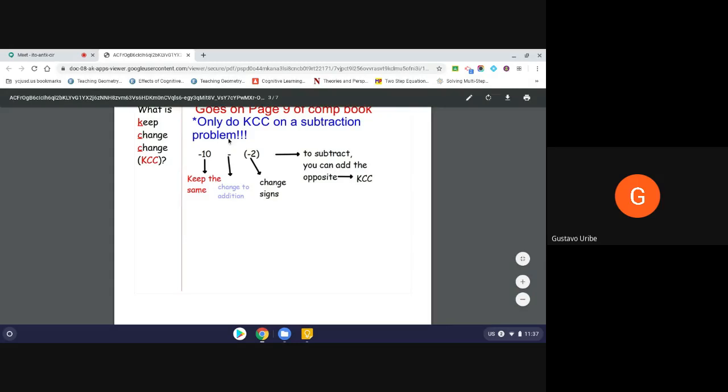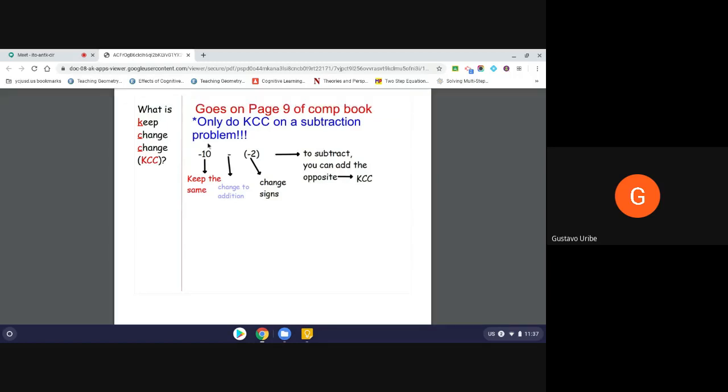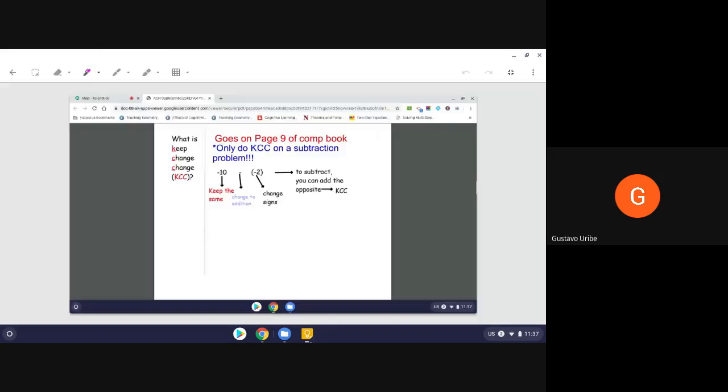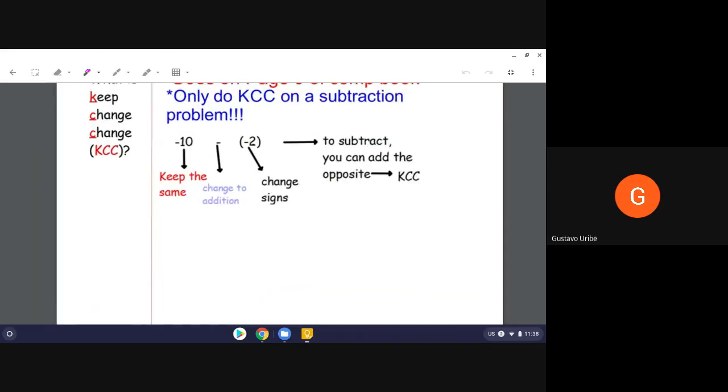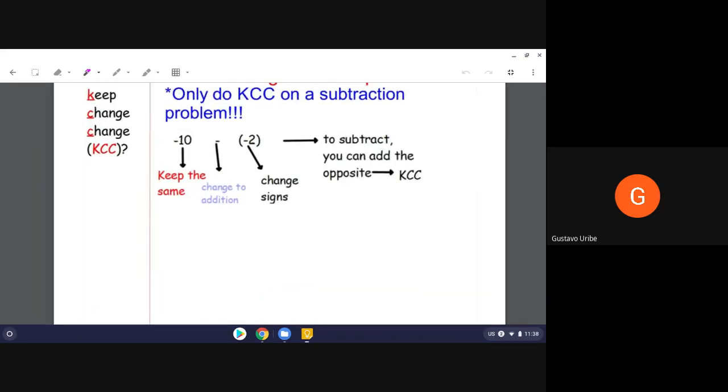Okay, so this keep, change, change is something that we're going to do whenever we have subtraction problems. All right. So I'm going to go ahead and rewrite my problem of negative 10 minus, and then in parentheses, a negative 2. These two negatives actually cancel each other out.